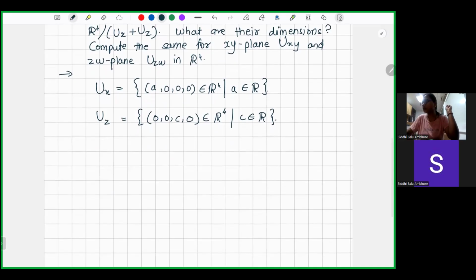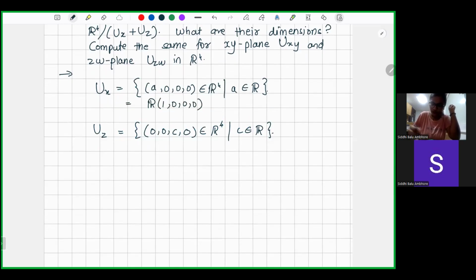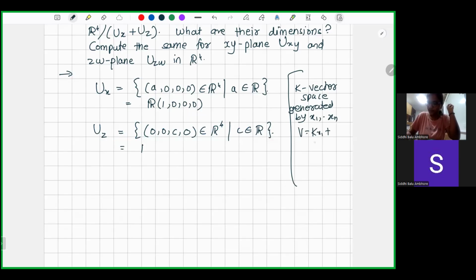Let us start with it. For example, the way we write that K is a vector space generated by x1 to xn, we write V is equal to kx1 plus kx2 plus up to kxn and so on.